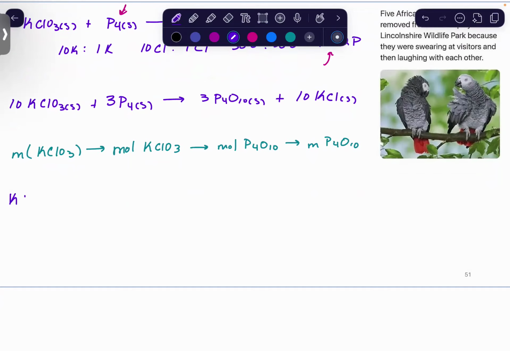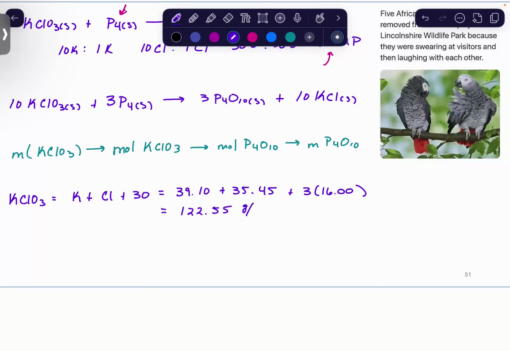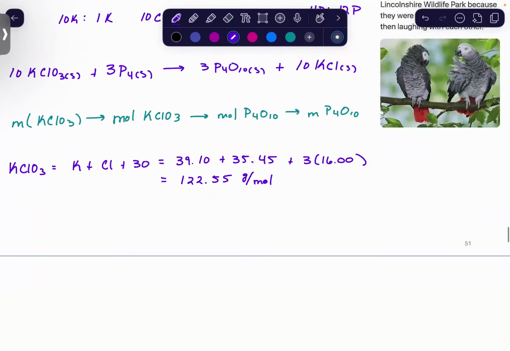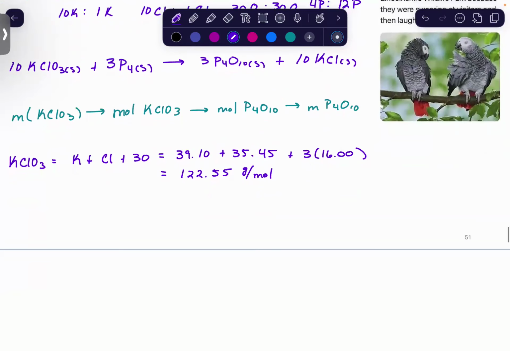So say we have KClO3. That's going to be a potassium plus a chlorine plus 3 oxygens. That's going to be 39.10, 35.45, and 3 times 16. When I add this up, I'm going to get 122.55 grams per mole. I'm just going to go from potassium chlorate to P4O10, so I only need the molar mass of P4O10.